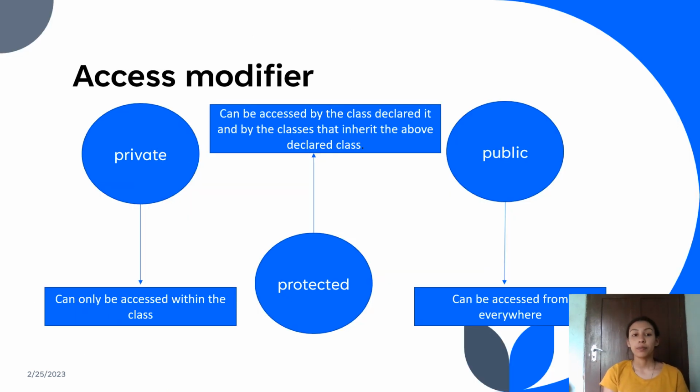So the next topic is access modifier, which is very helpful to implement visibility for our properties and our methods in the program. There are mainly three access modifiers, which are private, public, and protected. As the name indicates, private methods or variables are accessible only within the class. It is private to that particular class, which it belongs to.